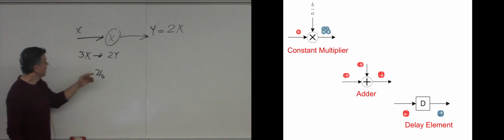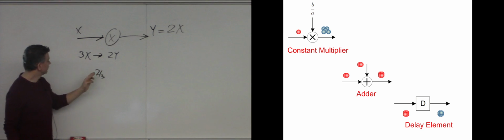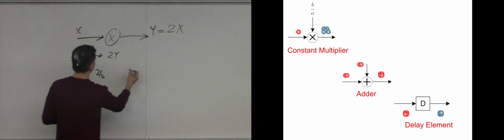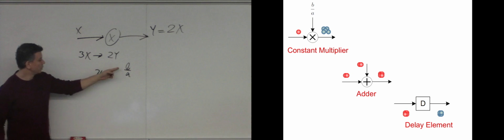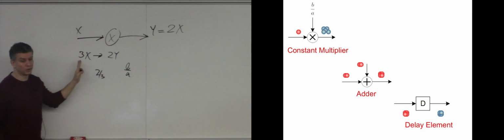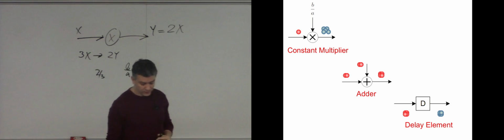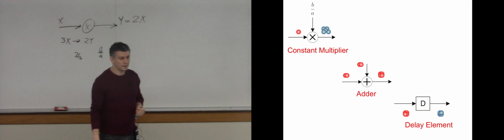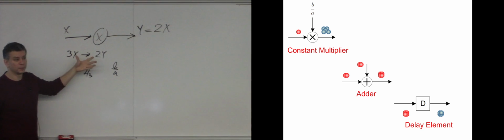So this is a b over a multiplier. The b should be the coefficient of the output. The a should be the coefficient of the input. Okay, so that's very straightforward. If I want a reaction that multiplies an input quantity by a constant, I simply choose a reaction with the coefficients corresponding to the multiplication operation.